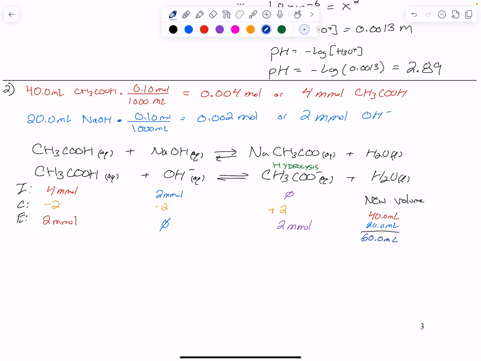So if we do our 2 divided by our 60 milliliters, well, that's 0.033 molar acetic acid and our 2 millimoles divided by our 60 milliliters, that's going to be 0.033 molar acetate.